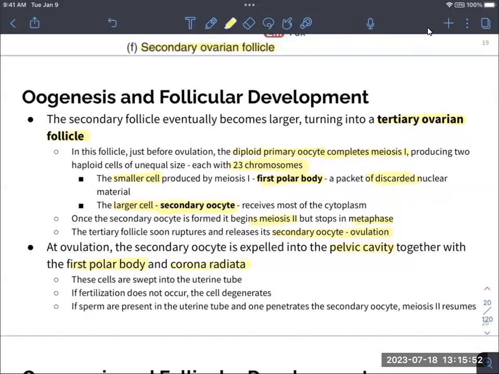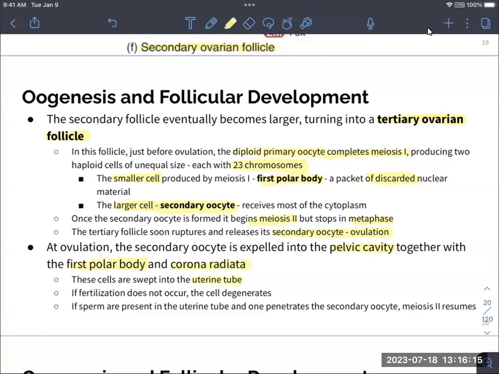The uterine tube has these little finger-like projections that come off of it that are known as fimbriae. They help to take this secondary oocyte and sweep it up into those uterine tubes. If fertilization does not occur, that secondary oocyte will degenerate.